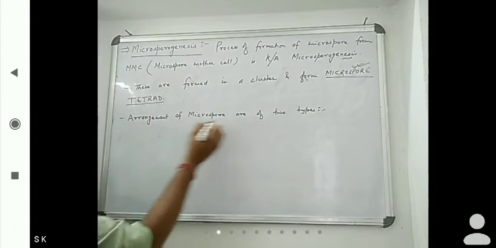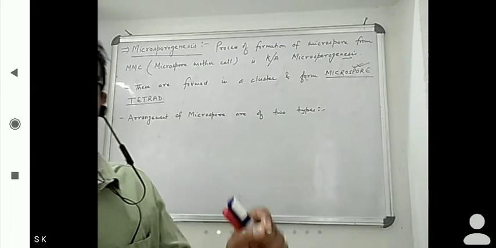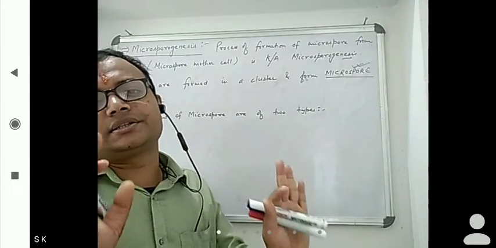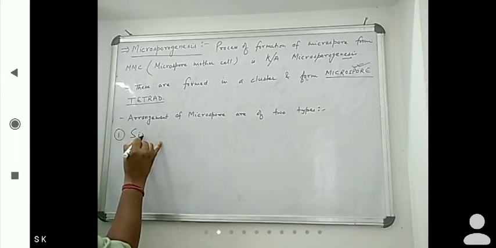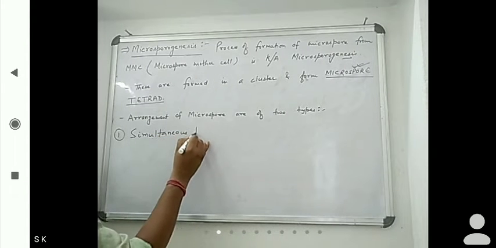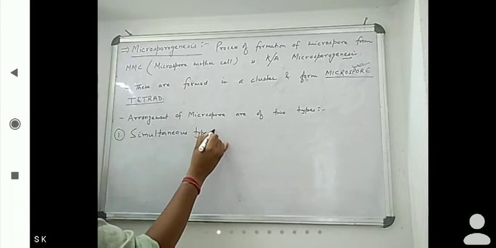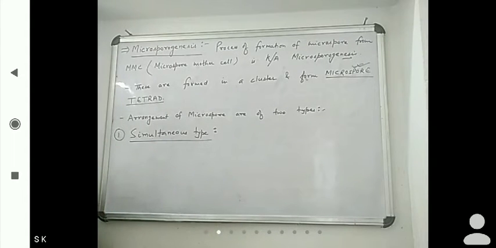Number 1 is known as simultaneous type. Now, what do you mean by this simultaneous type?